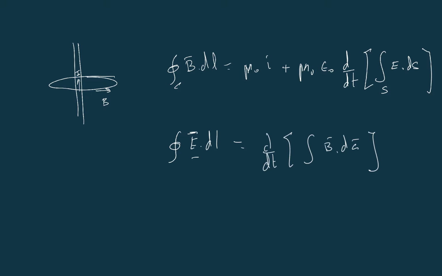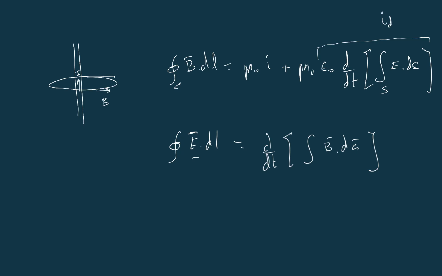Now he says that when there is a change in the electrical field, a magnetic field should appear. So this is the term that he added. This term is called the current of displacement, I sub d.